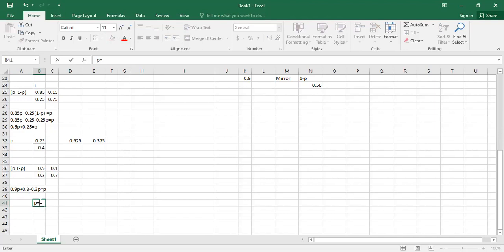So it will be 0.3 over 0.4, right? 0.75. So the other part will be 0.25, to make 1. So that will be our equilibrium state after advertisement.